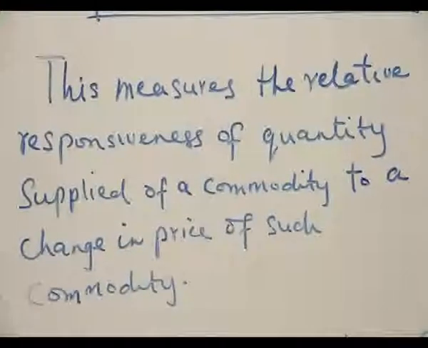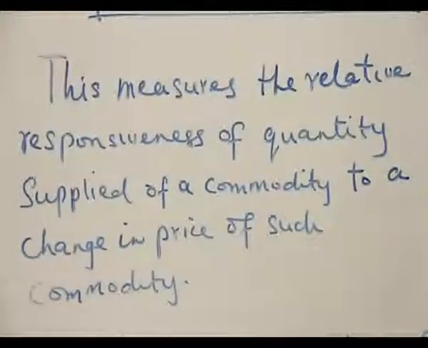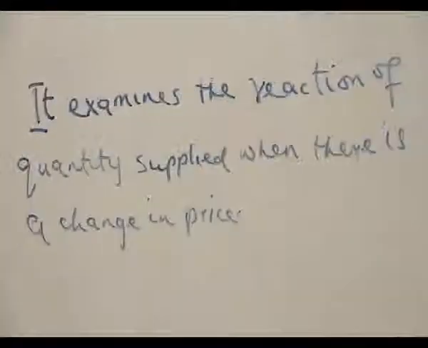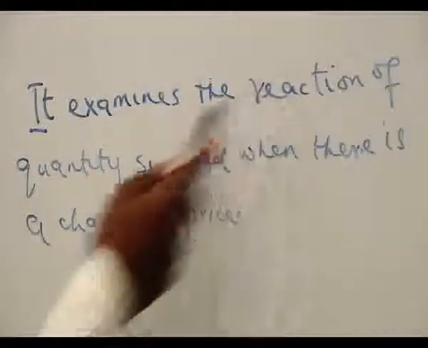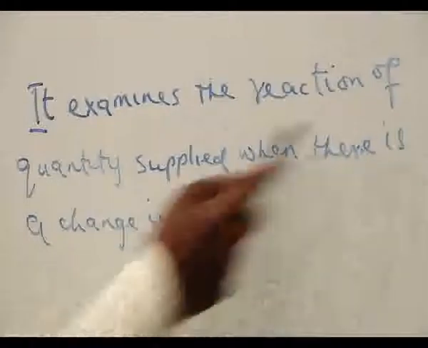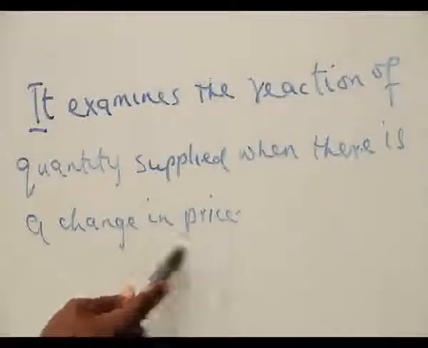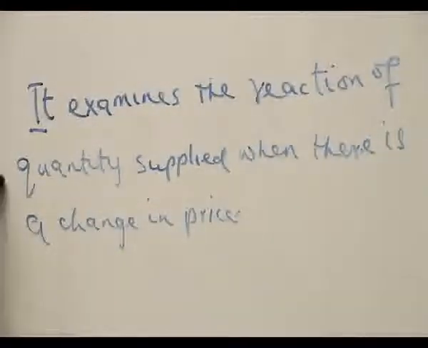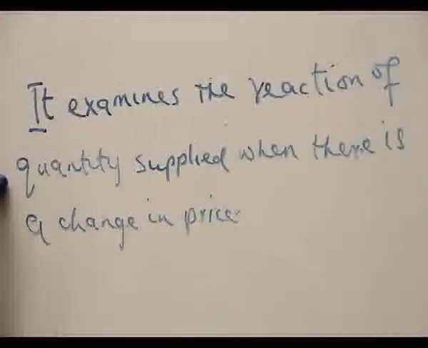That is, it examines the reaction of quantity supplied when there is a change in price. We understand that producers would like to know the price elasticity of supply in order to know the elasticity of their products. So what price elasticity of supply is trying to let us understand is that if there is a change in price, what is going to be the quantity supplied of such commodity?